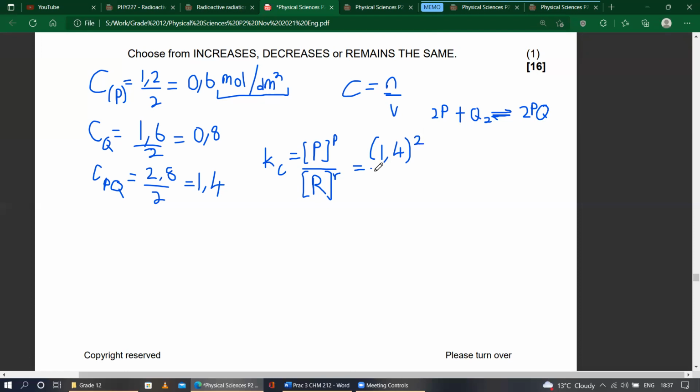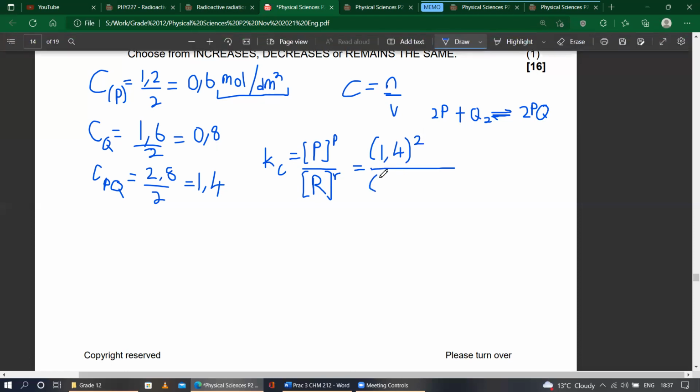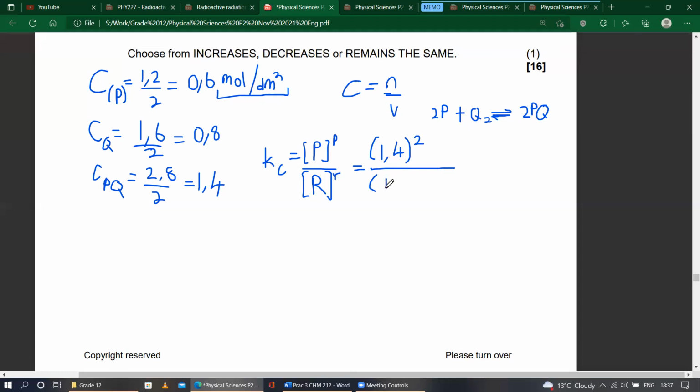You're going to divide that by 0.6, and it has a coefficient of 2 as well, so it's going to be to the exponent 2, divided by 0.8.